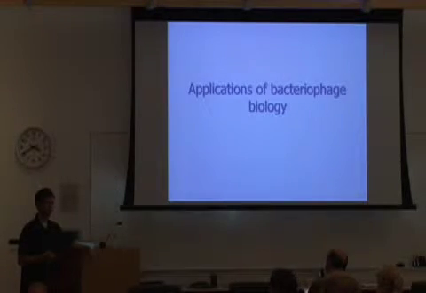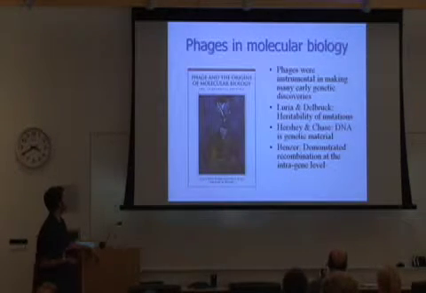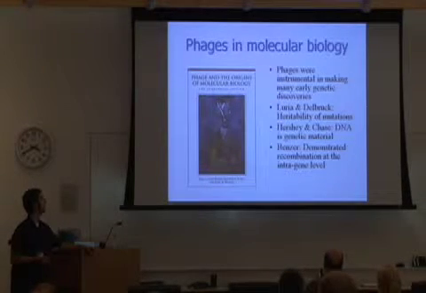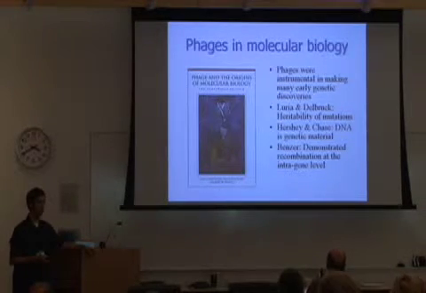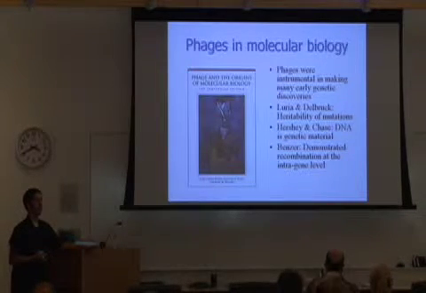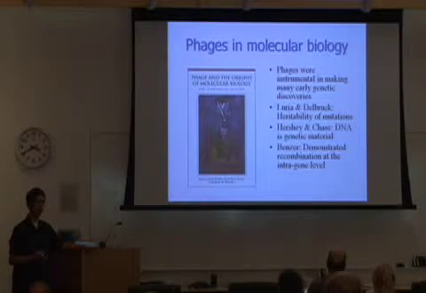Okay. So the first real application of phage biology was in the 40s, in the development of molecular biology. I'm not going to cover this too much. This is older work, and this is all stuff that students will tend to get in their molecular biology or genetics courses.